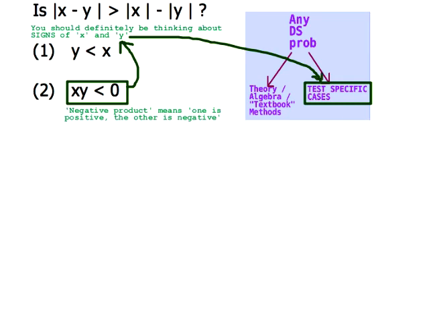So you should definitely be thinking about signs the whole way through this thing. Again, statement one is not inherently a sign thing, but you should still think about numbers of different signs as you plow your way through statement one.